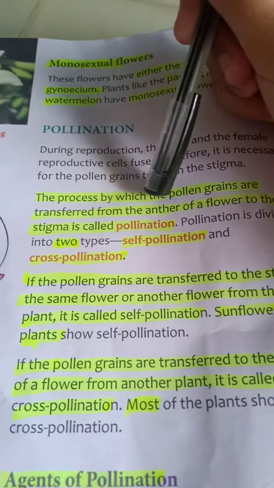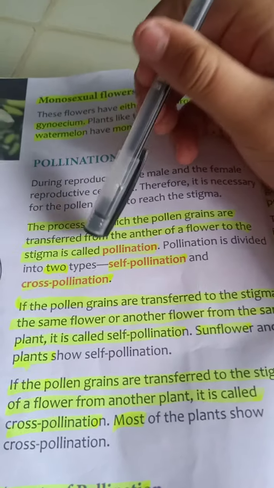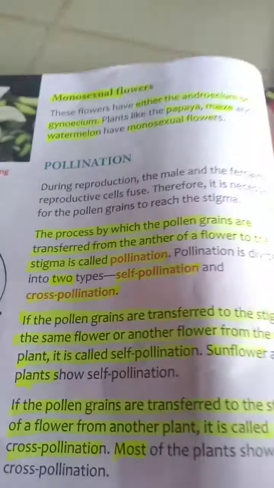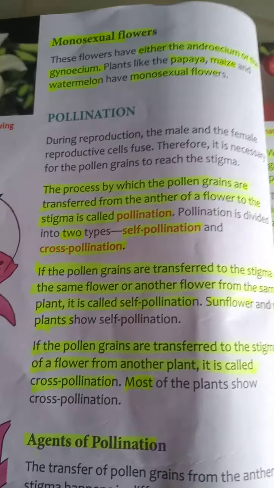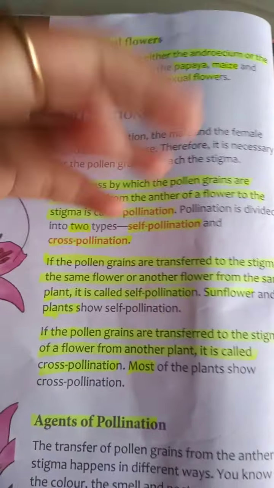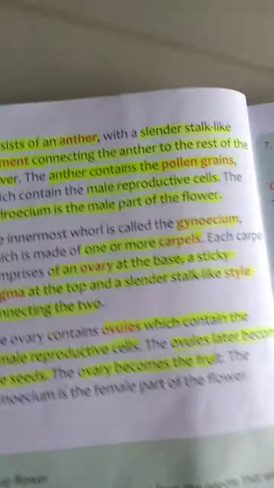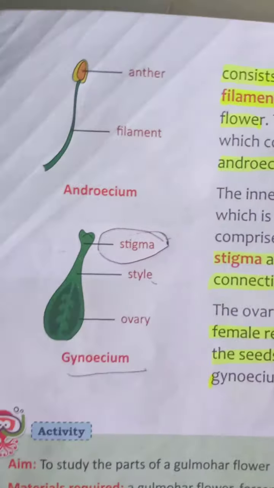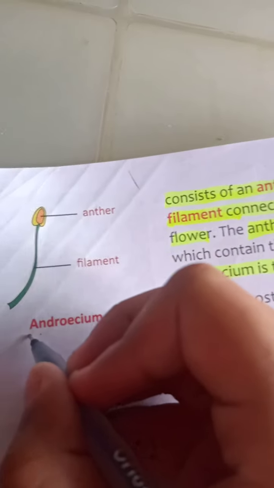The process by which the pollen grains are transferred from the anther of a flower to the stigma is called pollination. It means the process through which the pollen grains are transferred from the anther to the stigma is called pollination. What is the anther? This one is the anther, right? It is the part of the male reproductive part androecium.